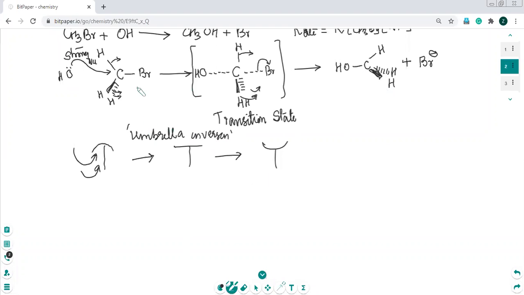This is very important in the case of the secondary substrates. So this is another fact. Suppose I take this molecule: CH3, C2H5 and Br.